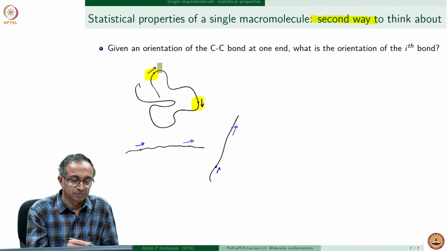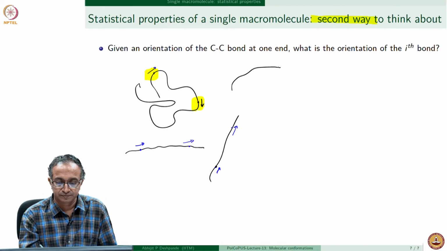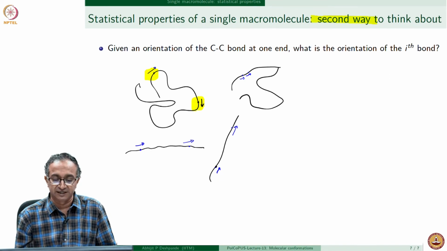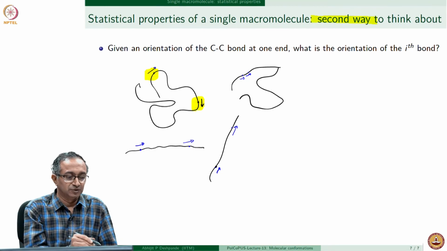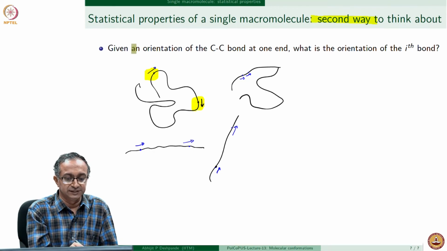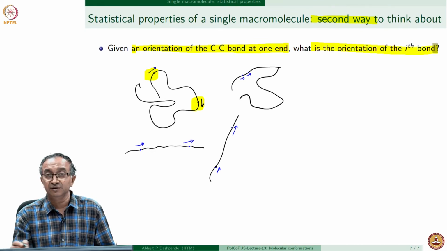If I take 2 points which are close to each other, their bonds might be correlated, but when we go far apart, the correlation drops off. So the question we can pose is, given an orientation of a CC bond at one end, what is the orientation of another bond?